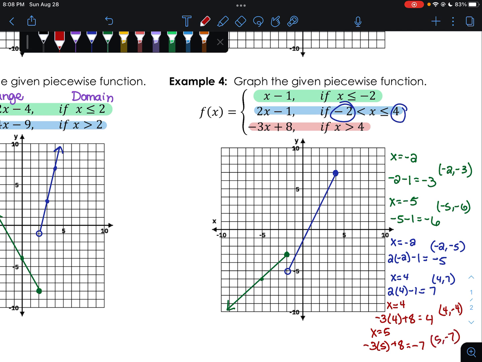So 4, negative 4 is right here. And 5, negative 7 is right here. Oops, that was negative 6. One more down. Right there. So the graph should look something like this.